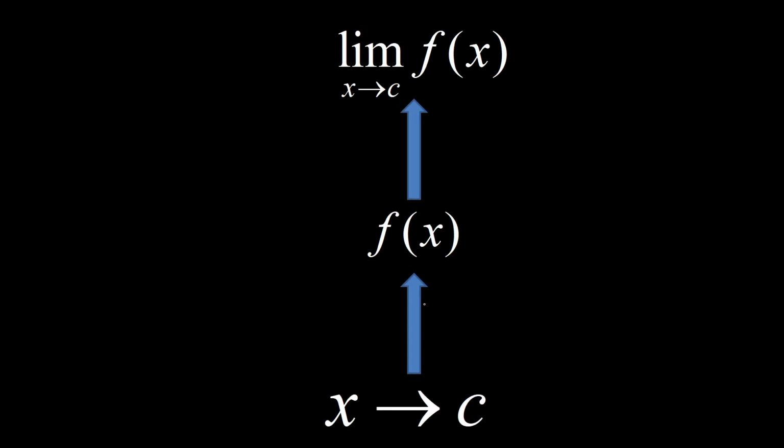So we plug in all of these values that represent going to c, and then we observe what the function is doing. And we call that the limit. So as we approach c, this process of forever getting closer, we observe then what the function is doing. And that's what the limit is.